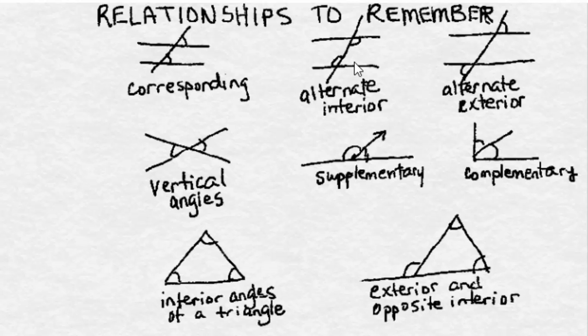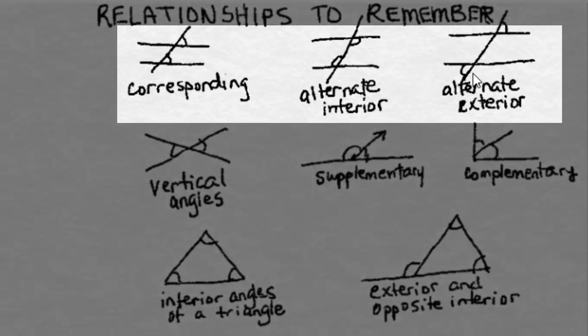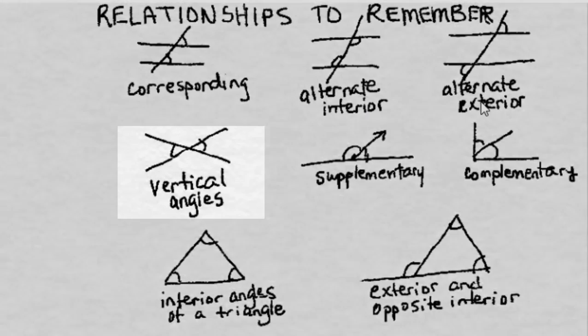On the other hand, when two parallel lines are crossed by a transversal and we look at the angles that are between the two parallel lines but on alternate sides of the transversal, we call these alternate interior angles. And if we look at the angles that are outside the parallel lines and on alternate sides of the transversal, we call these alternate exterior angles. Corresponding angles are equal, alternate interior angles are equal, and alternate exterior angles are equal.